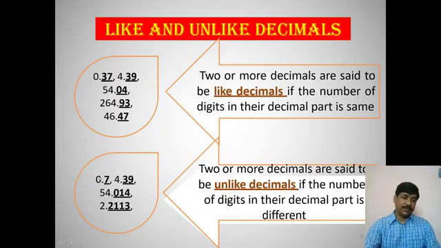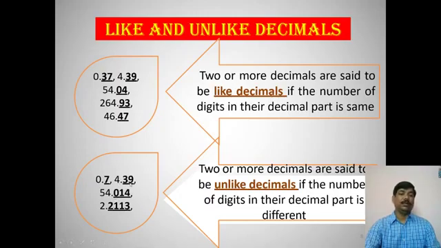As you see here, the number of digits after the decimal in this number is 1, here after the decimal there are 2 digits, then 3 digits, then 4 digits.